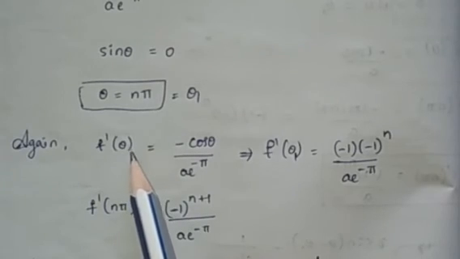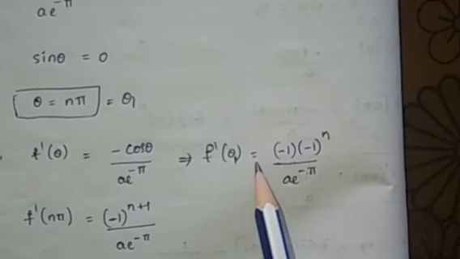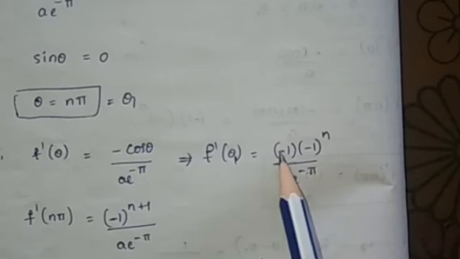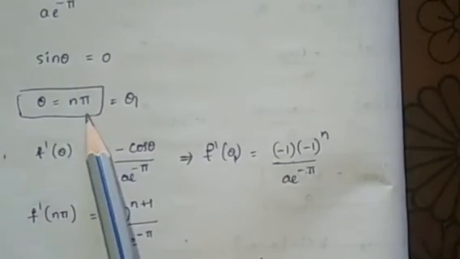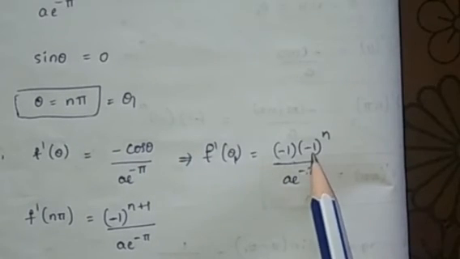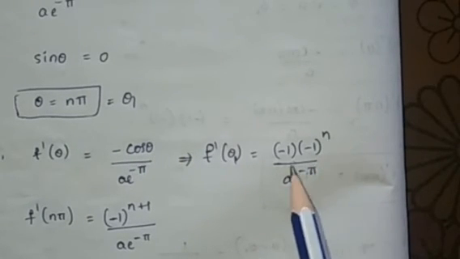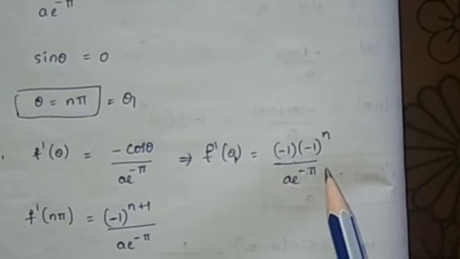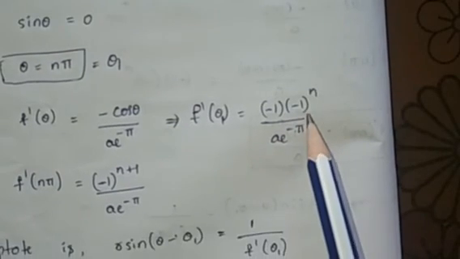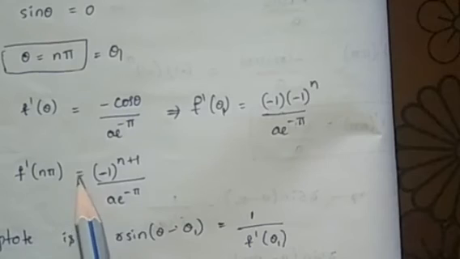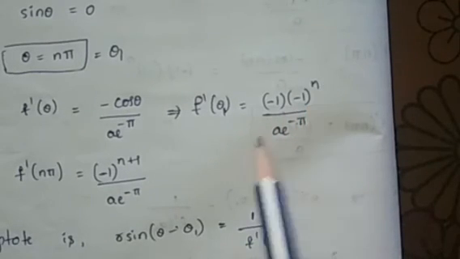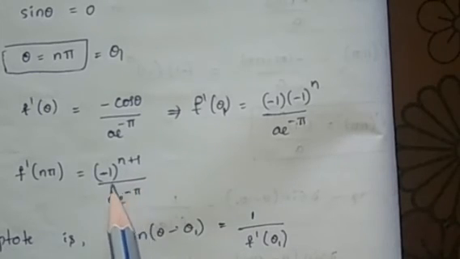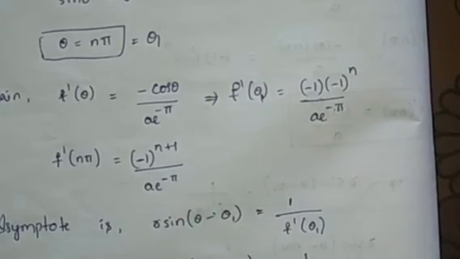You put theta as theta 1, you get f dash of theta 1 which is equal to minus 1 into, theta is n pi, cos n pi value is (minus 1) whole to the power n by a e to the power minus pi. Okay, then next f dash of n pi which is equal to minus 1 into (minus 1) whole to the power n means (minus 1) whole to the power n plus 1 by a into e to the power minus pi.